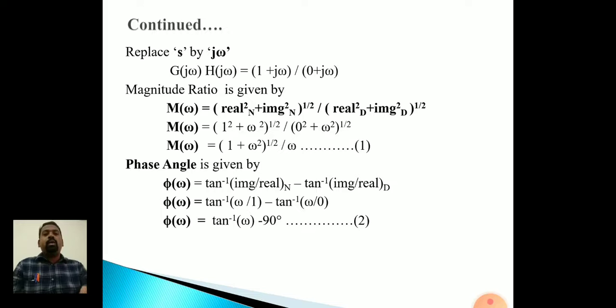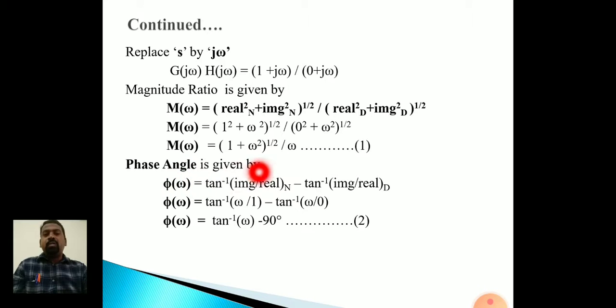So that is (1 square plus omega square) to the power 1 by 2 whole divided by (0 square plus omega square) to the power 1 by 2. Finally (1 plus omega square) to the power 1 by 2 divided by just omega, because 0 square is nothing but 0, and omega square to the power 1 by 2 means only omega. Call this equation number 1, that is for magnitude ratio.